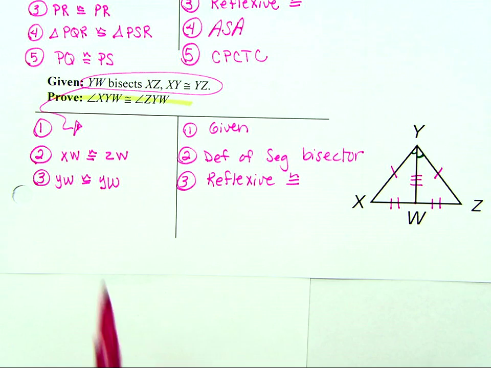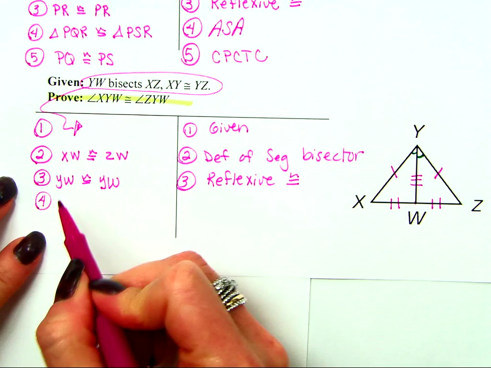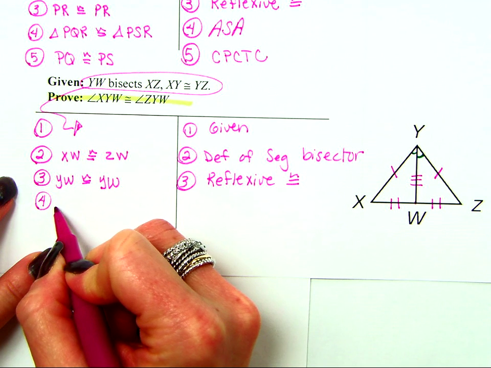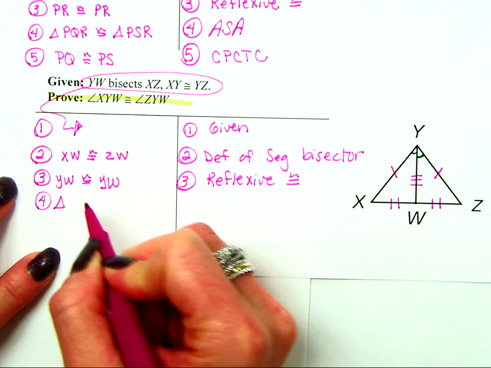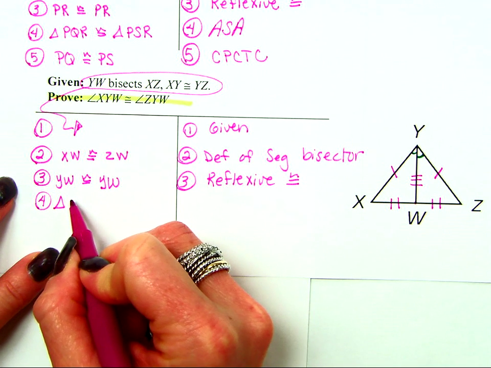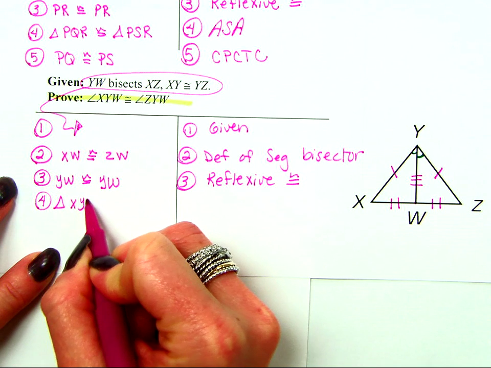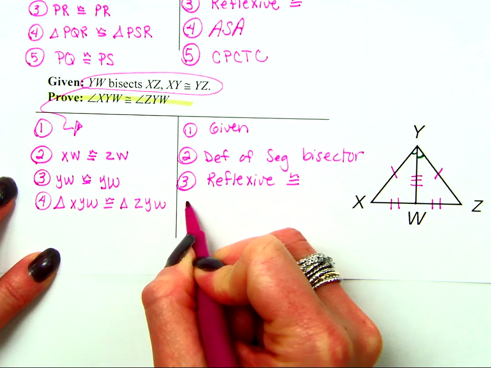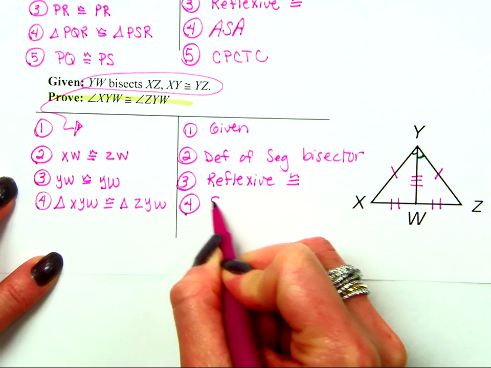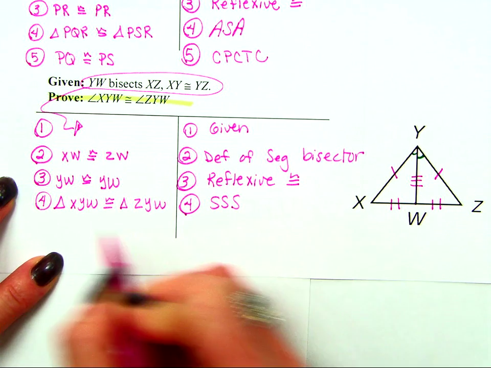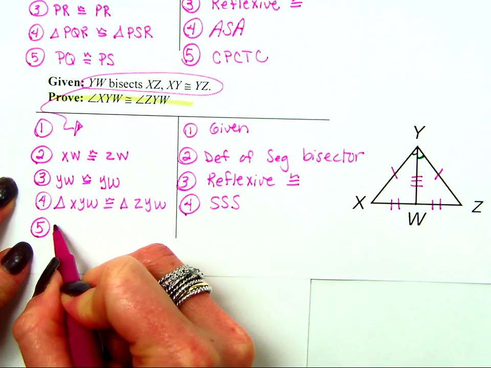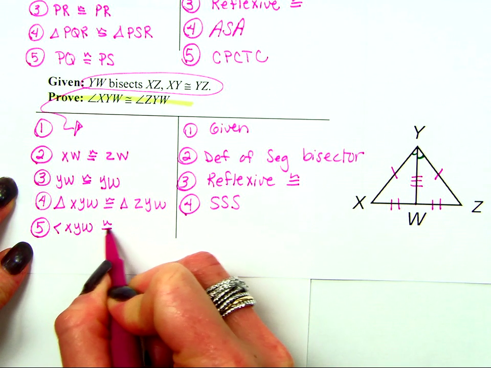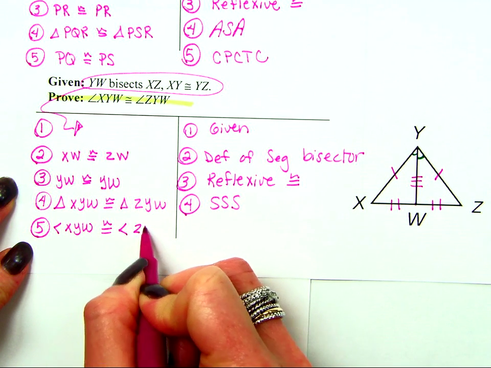Well, again, these angles would have to be the same if my triangles were congruent. And in step number 4, I can go ahead and say my triangles are congruent because I've shown the side, side, side shortcut. So I'm going to say triangle XYW is congruent to triangle ZYW by side, side, side, which would then allow me to say angle XYW is congruent to angle ZYW.